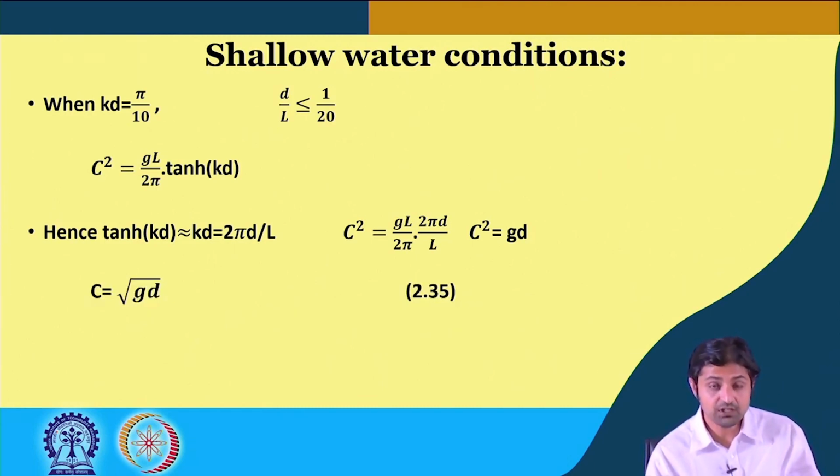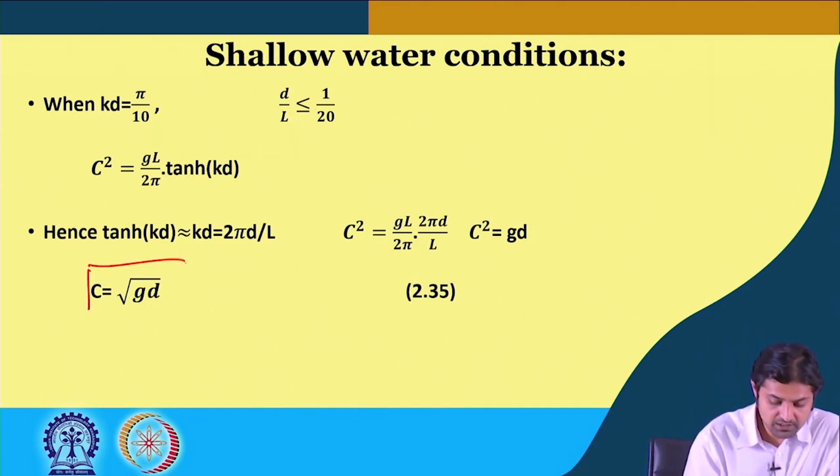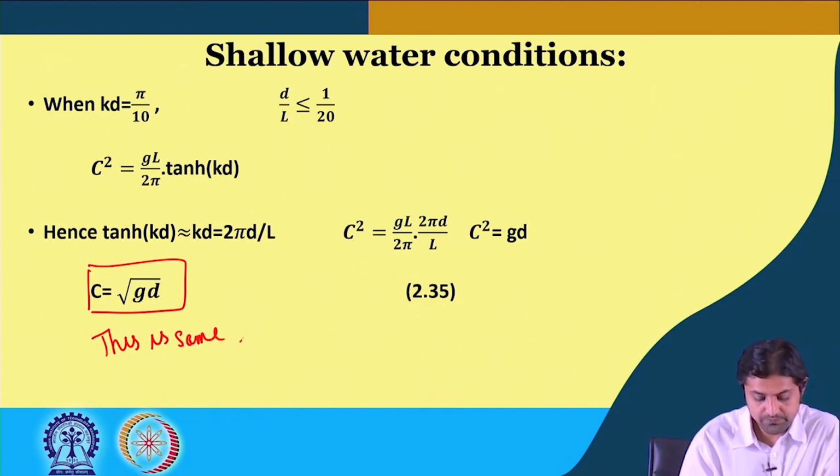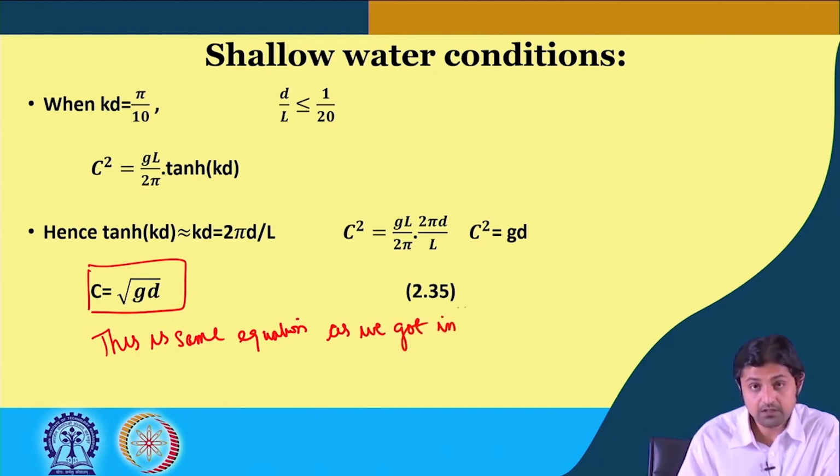So, in shallow waters, the wave speed will depend on nothing but only the water depth. In deep water, it was not dependent on the water depth, but in shallow water, the only thing on which the wave speed depends is the water depth. If you recall, this is the same equation as we got in the open channel flow module.